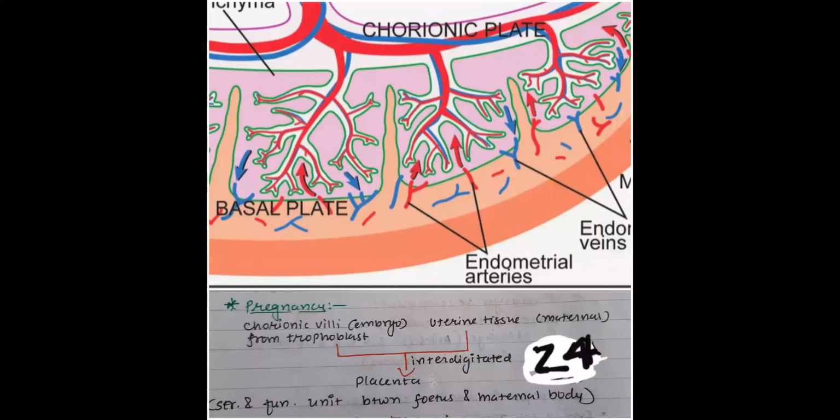The mother and the developing body, initially the embryo and later called the fetus, exchange materials with each other with the help of this placental tissue.